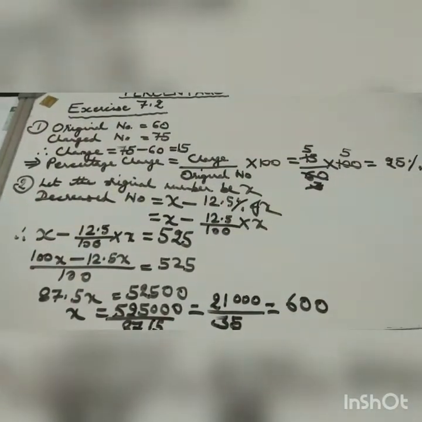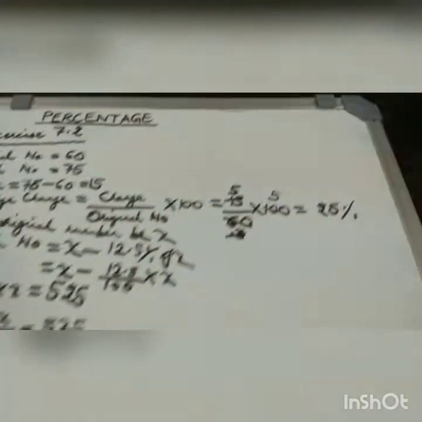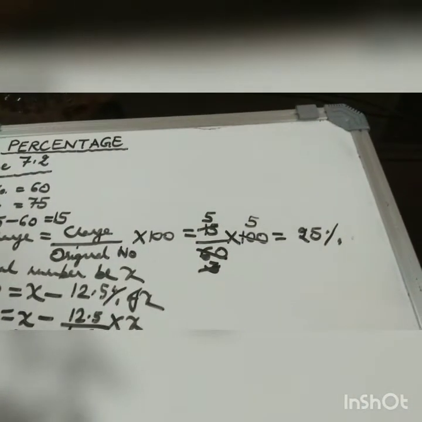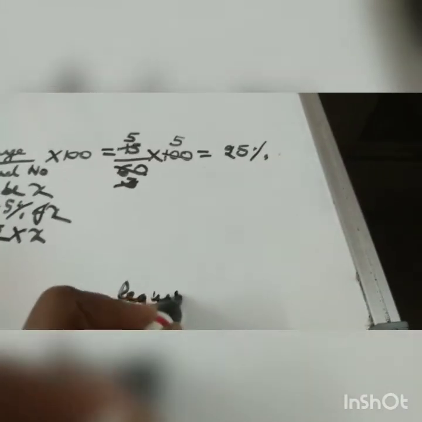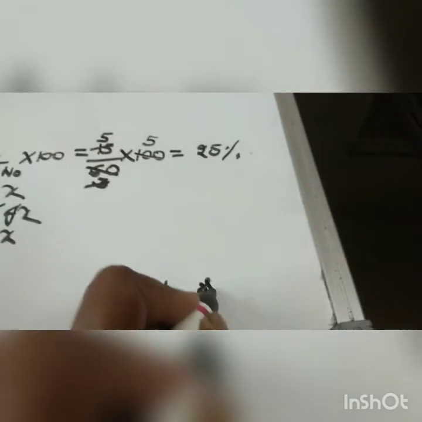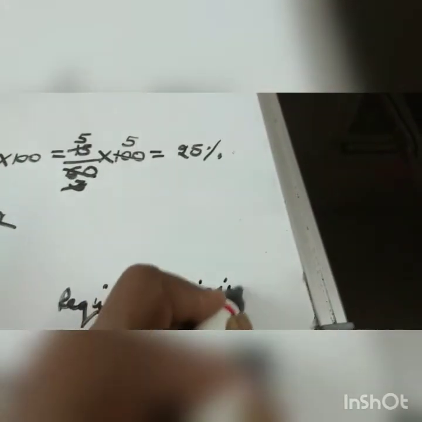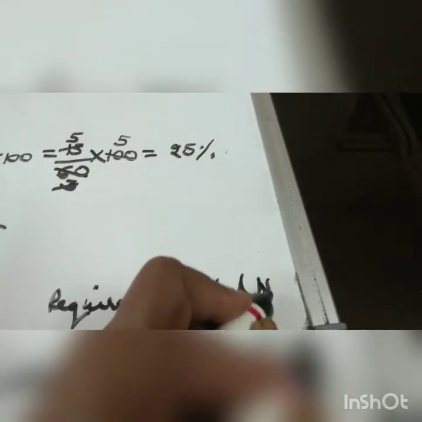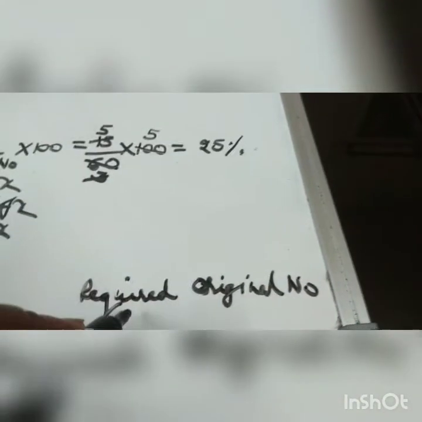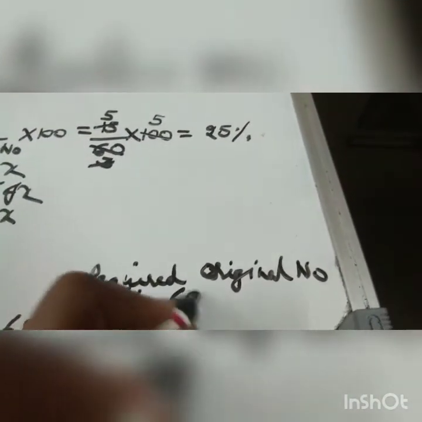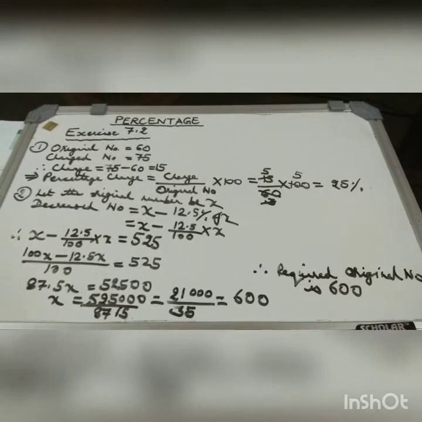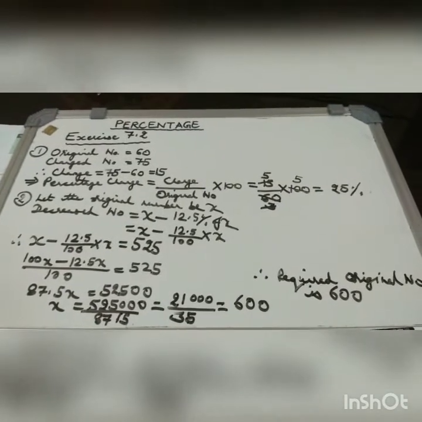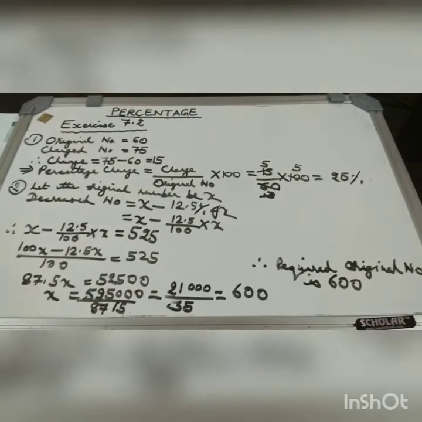Therefore, the required original number is 600. I am writing it here. Required original number is 600. That is all. Hence, this is your complete solution. I hope it is clear to all of you.